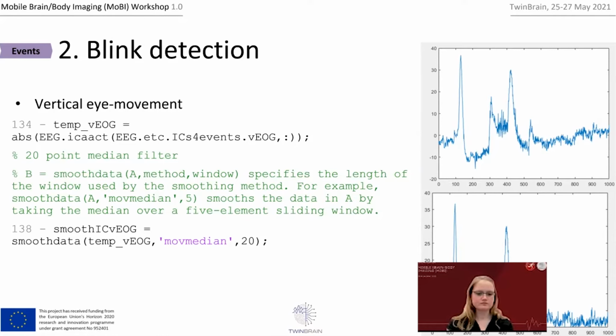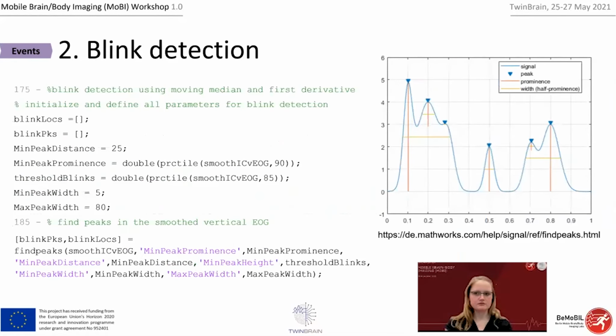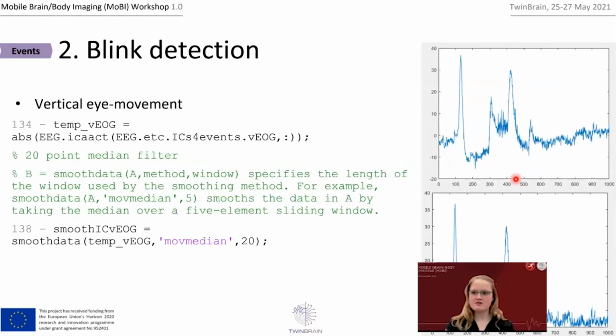And after having the absolute values, I thought I have another slide for that, but no, I don't. So I used the smooth data method with the moving median for smoothing the data set a little bit. Using the median for smoothing in comparison to the moving average keeps the sharpness of the peaks.